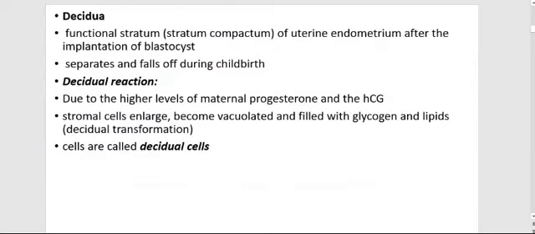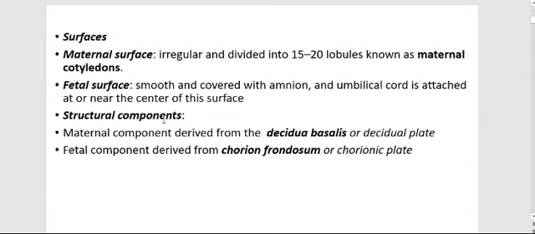We'll start with the structural component, the maternal component. The maternal component is derived from the decidua basalis, or what we call the decidual plate. The fetal component is derived from the chorion frondosum, or what we call the chorionic plate.